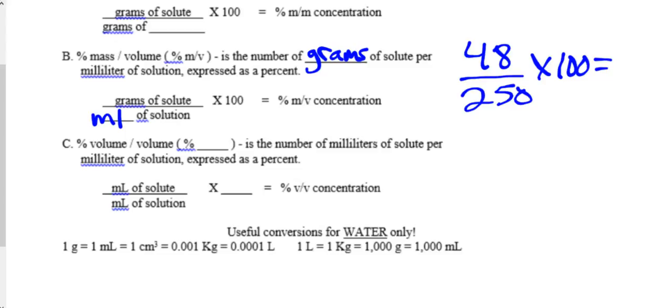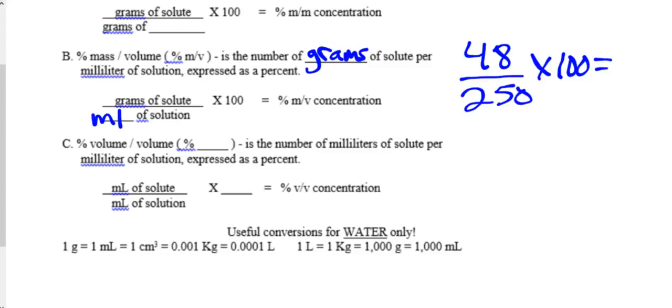That makes sense? You add 3 zeros, so it's 2,000 milliliters. In the next one down, you have to convert your liters to milliliters. 2 liters becomes 2,000 milliliters.